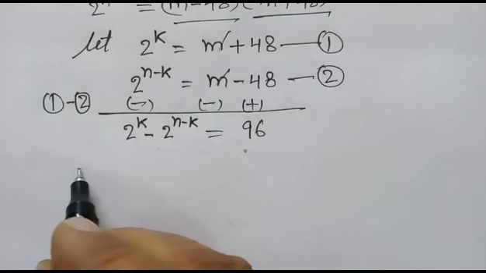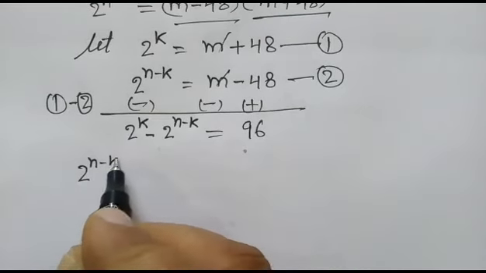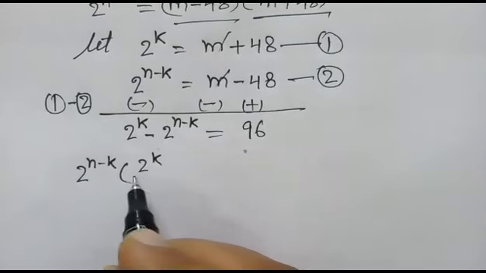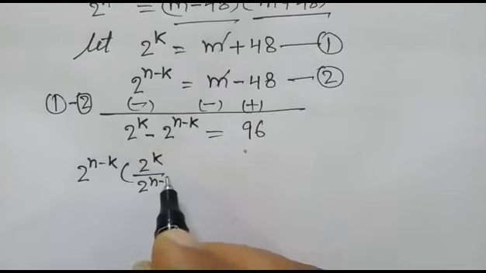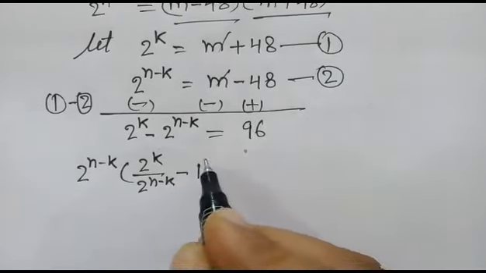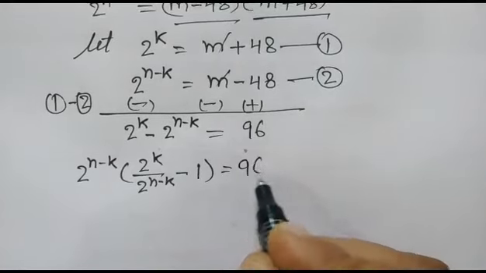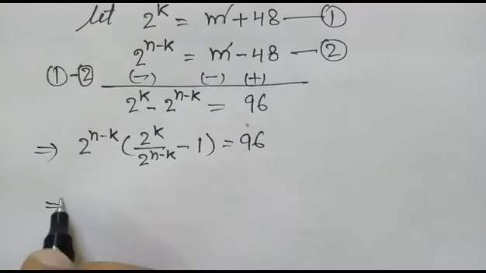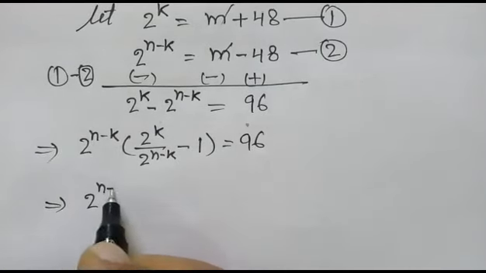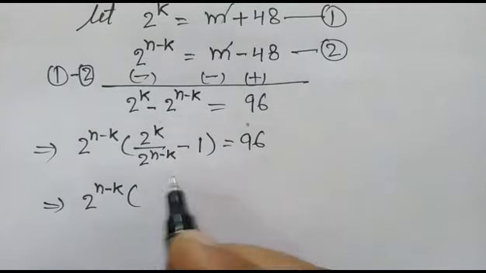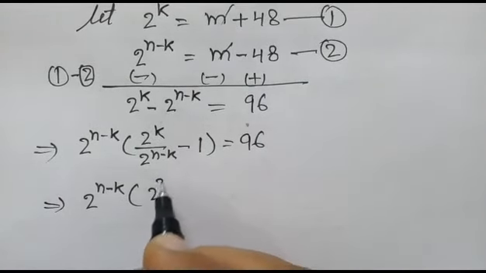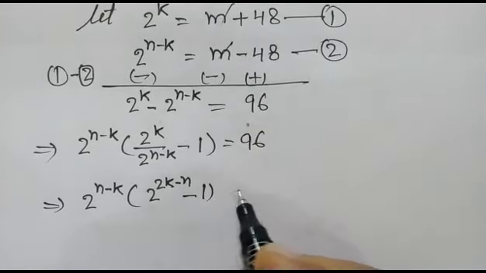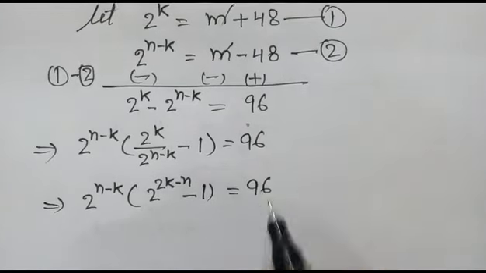If we take 2 to the power n minus k as common, we have 2 to the power n minus k times 2 to the power 2k minus n minus 1 is equal to 96.